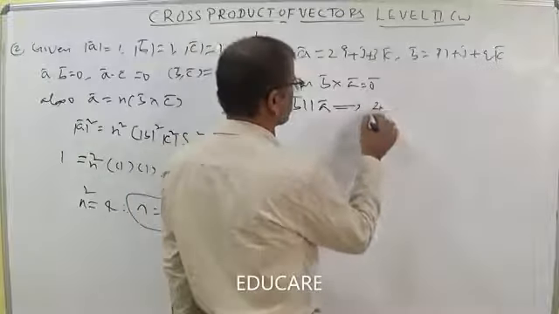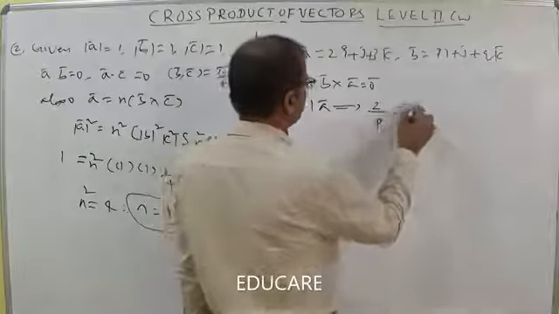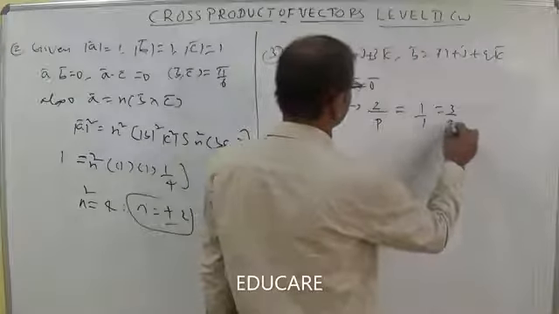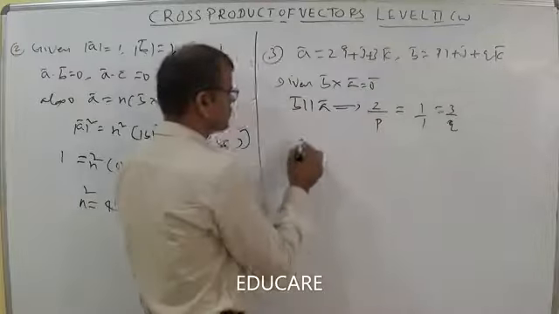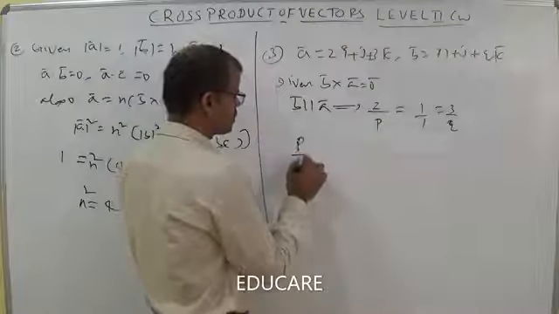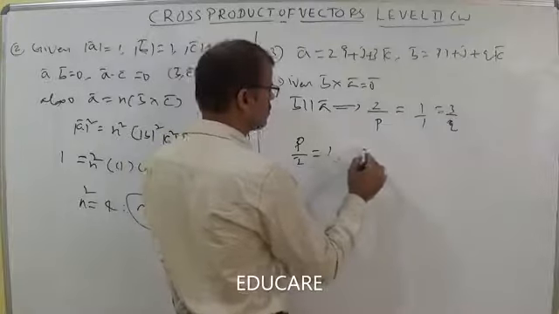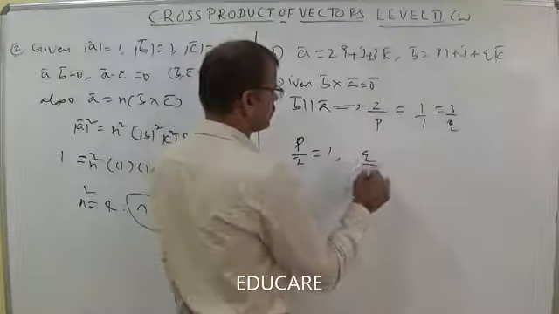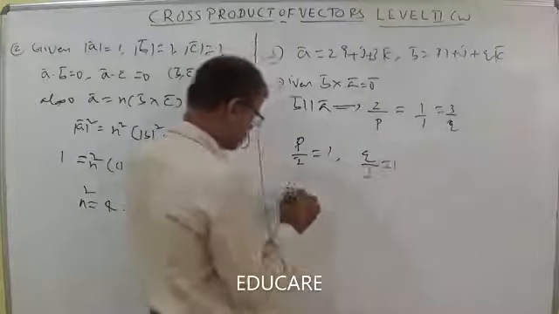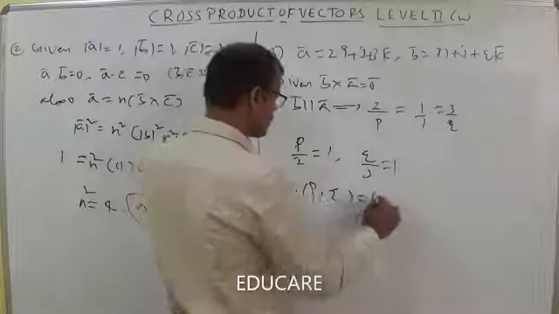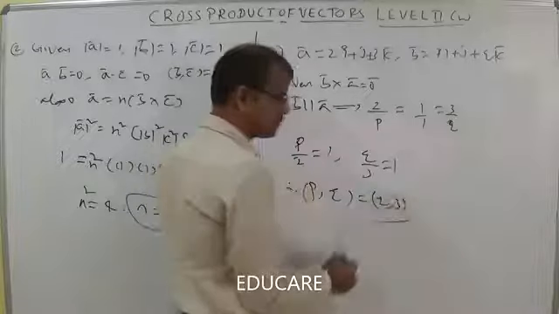That implies we compare the values: 2 by p is equal to 1 by 1 equal to 3 by q. A simple sum. By cross multiplication, p by 2 equals 1, and q by 3 equals 1. Therefore p comma q, which is asked, is 2 comma 3. That's all.